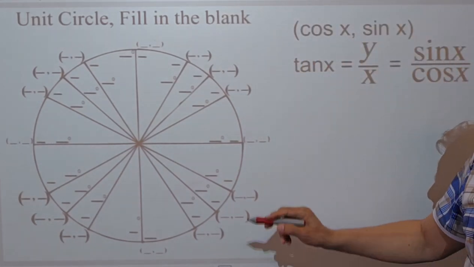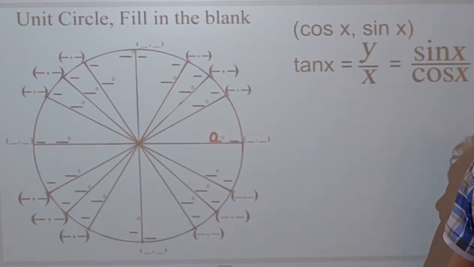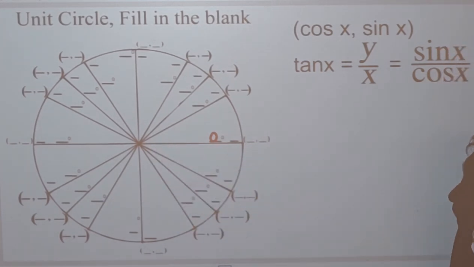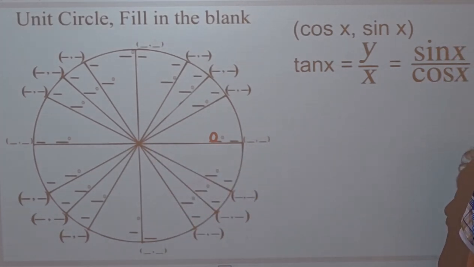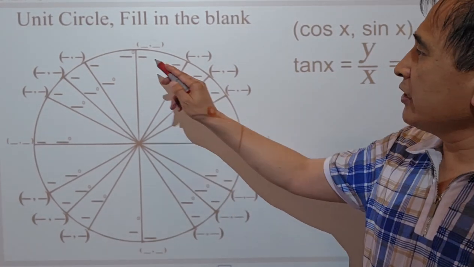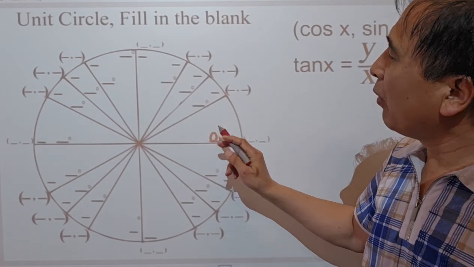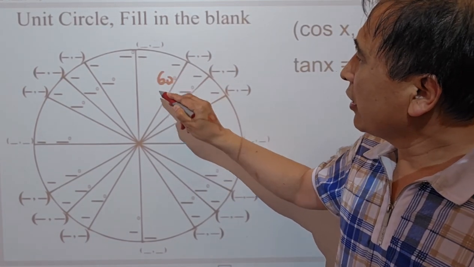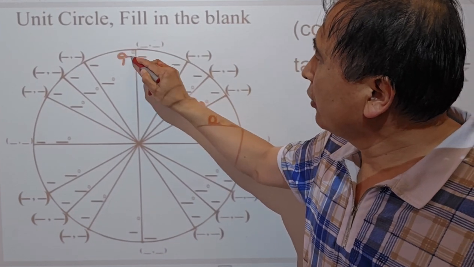But now, let's find the degrees here. There are special angles. We call it the unit circle. The radius is 1. You can fill this out and practice, and you're going to use it until you get used to it. So that's 0 degree here, and this is 90. There are multiples of 30. So this is 30, and this is 60, then this is 90 degree right here, right?